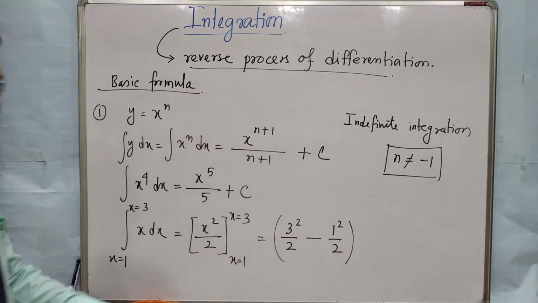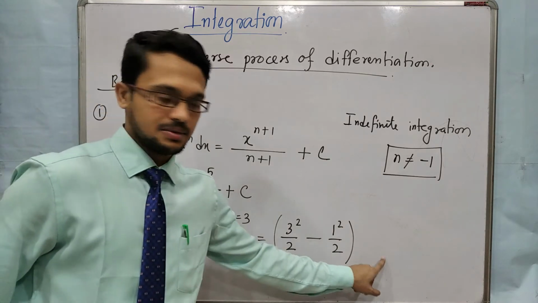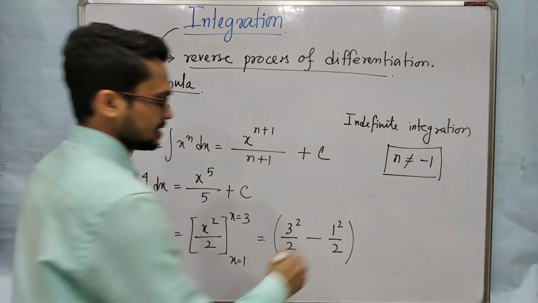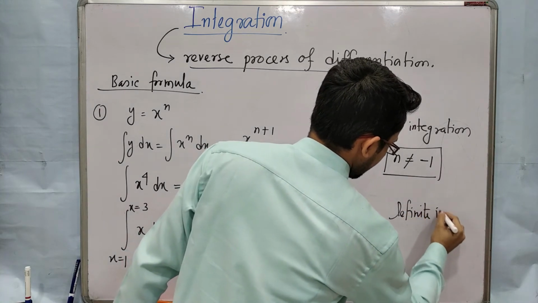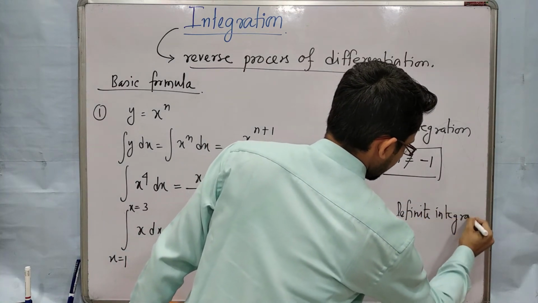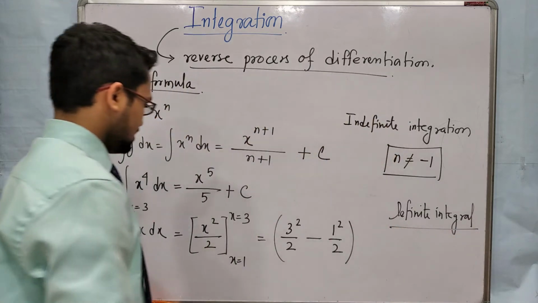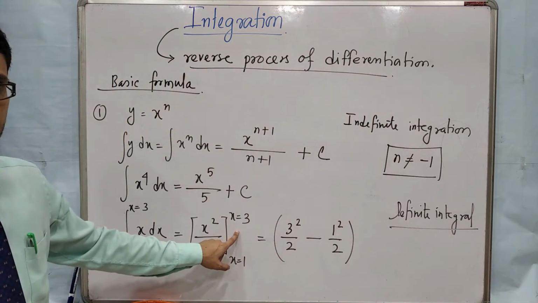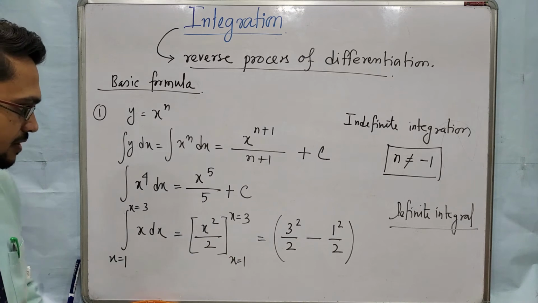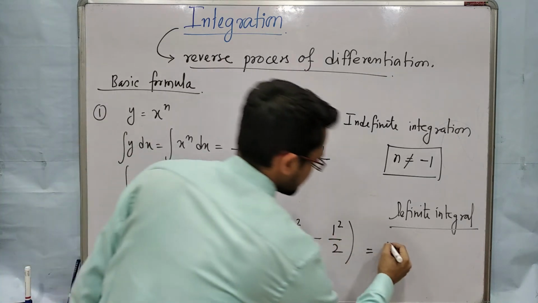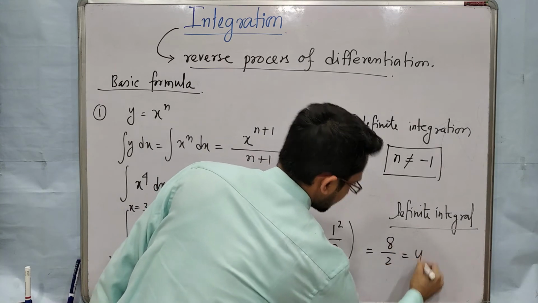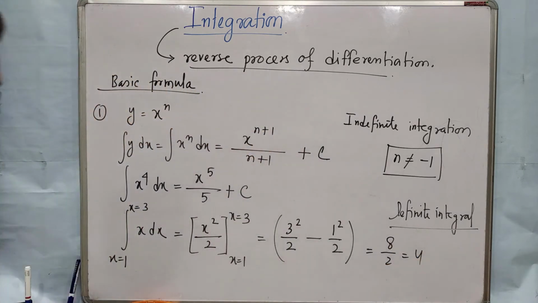In this case you will not put c because it is a definite integral. Here it is defined from which point to which point we have to find the area. Now we calculate: 3 square 9, 9 minus 1 is 8, 8 by 2, so 4.